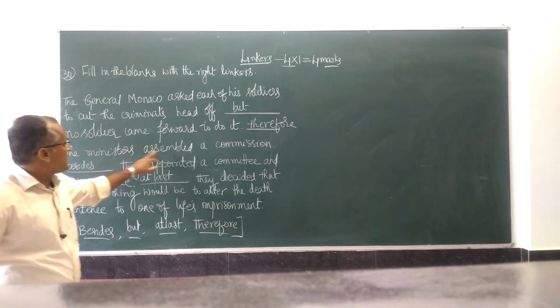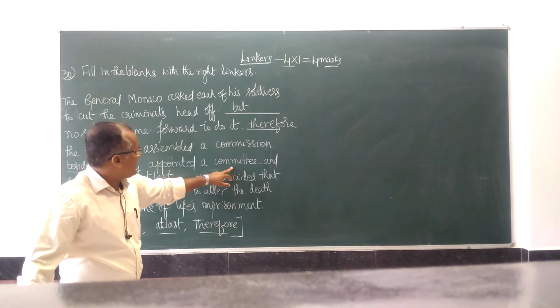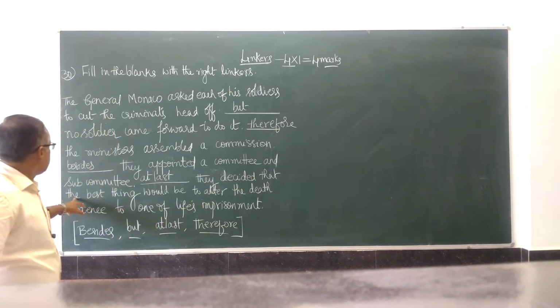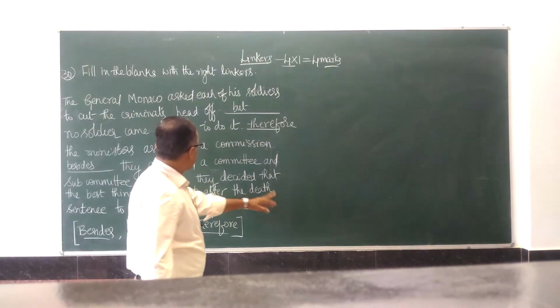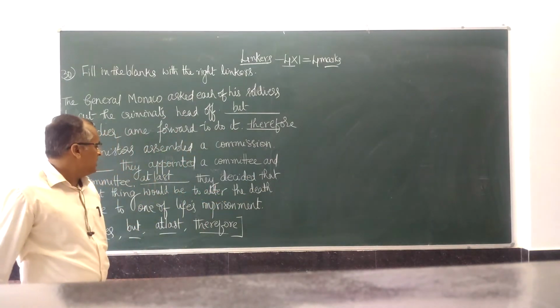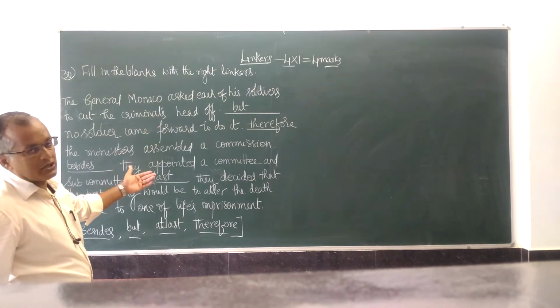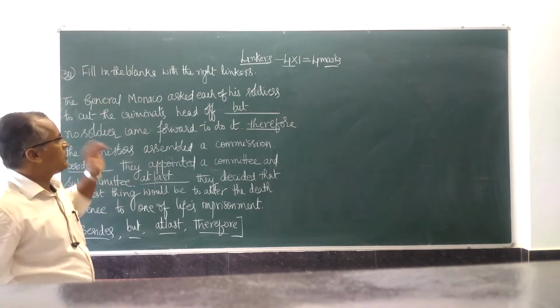Therefore, the ministers assembled a commission. Besides, they appointed a committee and subcommittee. At last, they decided that the best thing would be to alter the death sentence to one of life imprisonment. Okay, I think we have used correctly all the linkers in the respective blanks.